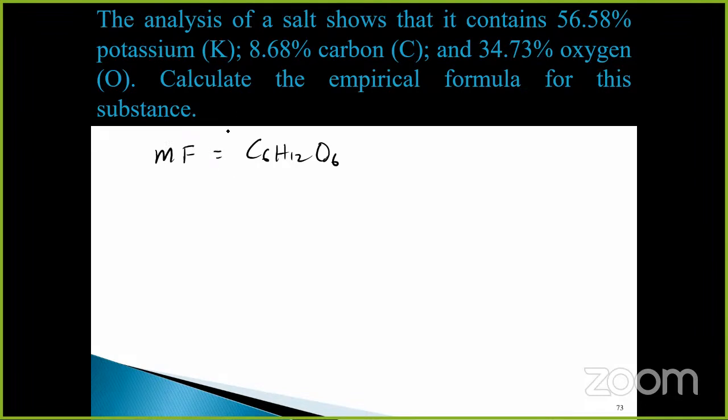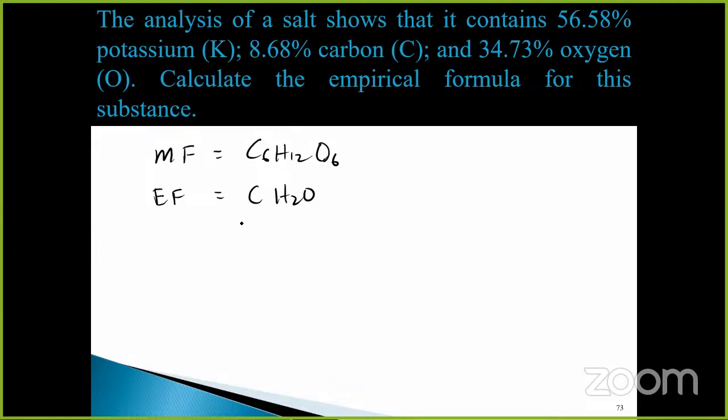That tells you exactly the number of atoms of each element present in one molecule of the compound, right? So one molecule of glucose, according to this formula, will contain 6 carbon atoms, 12 hydrogen atoms, and 6 oxygen atoms. The empirical formula for this compound is CH2O.